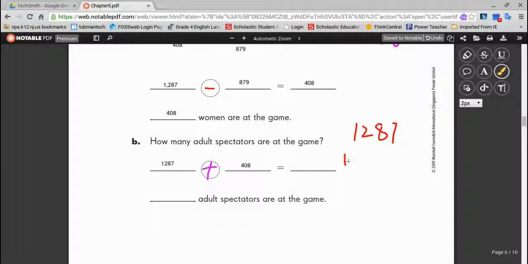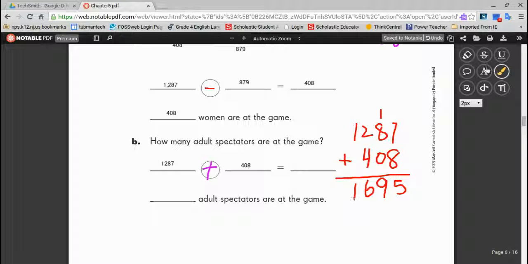1,287 plus 408. Okay, let's add that together. 8 plus 7, or 7 plus 8. 7 plus 8 is, let's think about it, it's 15. 8 plus 1 is 9, plus 0, it's 9. 4 plus 2, 4, 5, 6.